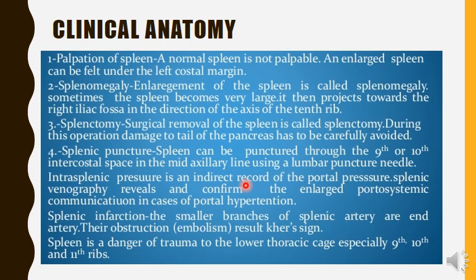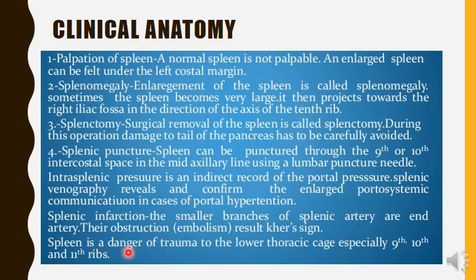So splenic venography reveals and confirms the enlarged portosystemic communication in cases of portal hypertension. Splenic infarction: the smaller branches of the splenic artery are end arteries, and their obstruction results in infarction. This is called Kehr's sign.